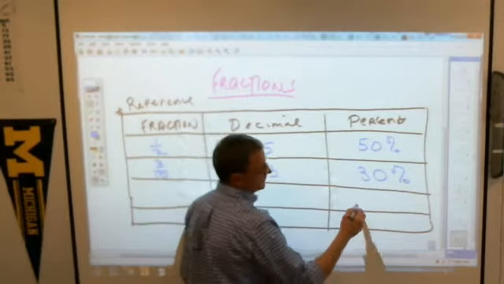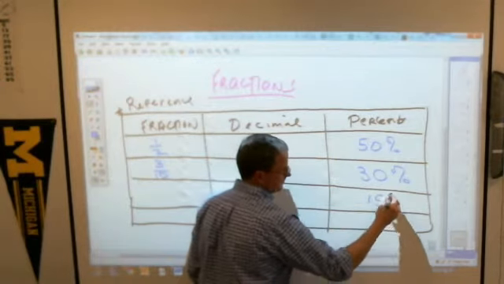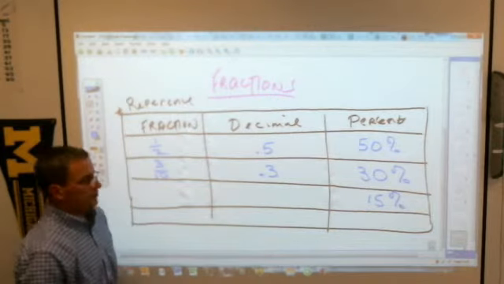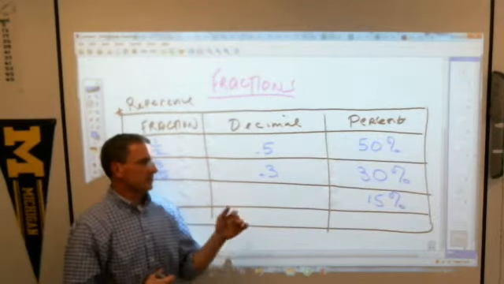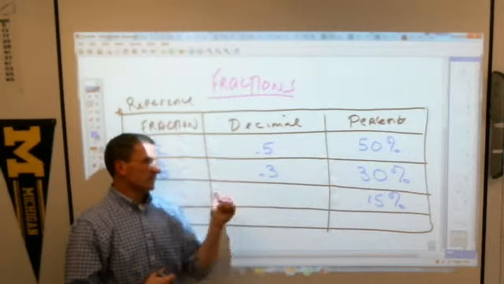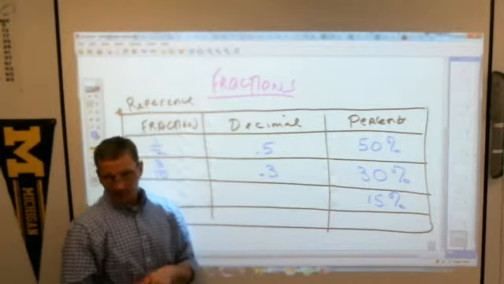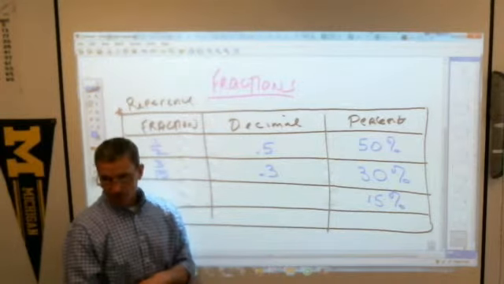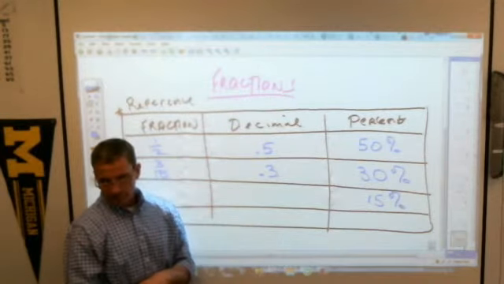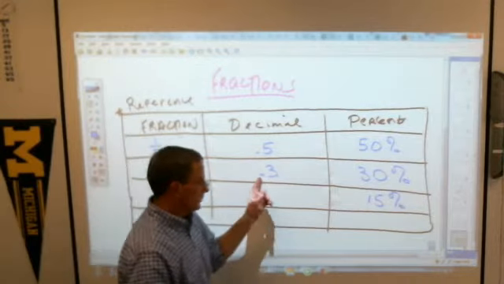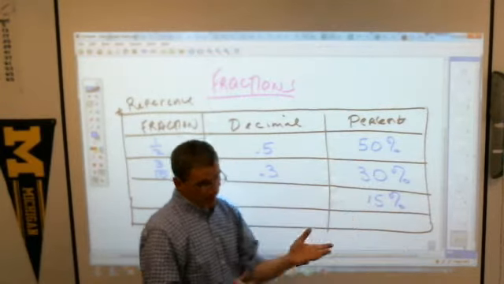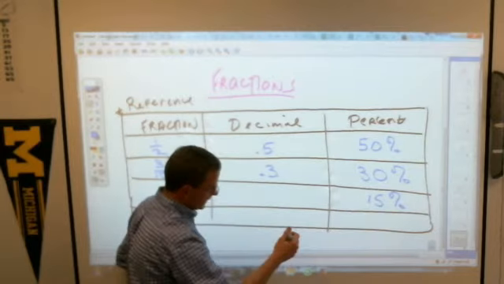Or what if you're given 15%? Really, to go from percents to decimals, I suppose you might just as well go from that. It doesn't really matter. What would you do next and why? Would you make that a decimal or a fraction first? What is it as a decimal? 0.15. Right, because just like here we moved it 2 places to the right, to go from here to here you divide by 100, which means you move the decimal back 2 places.